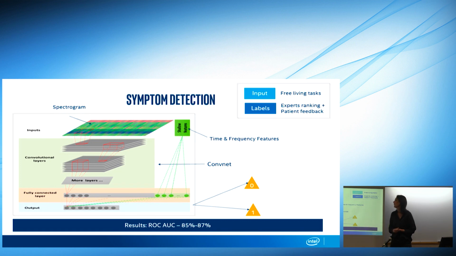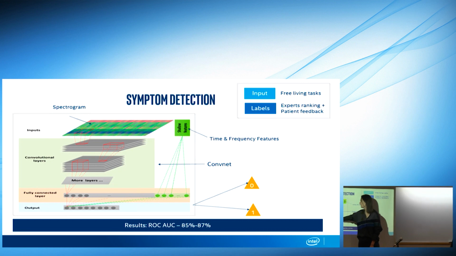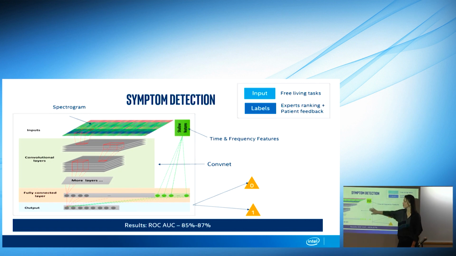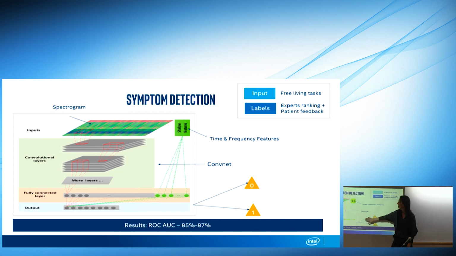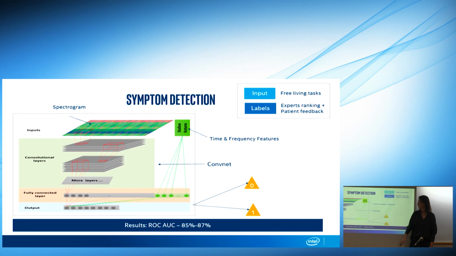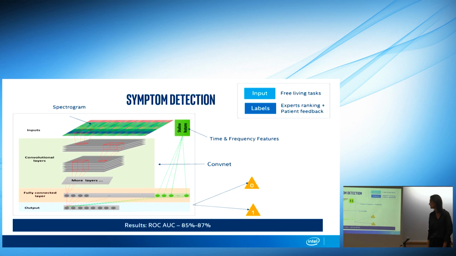Here, we have used a deep learning model where the spectrogram that I was talking about earlier was used in order to train the fully connected layer, as well as some of the features that we extracted from the frequency domain and from the raw data that was added to that, and that was used in order to binary score between 0 to 1 and being able to detect the different symptoms.